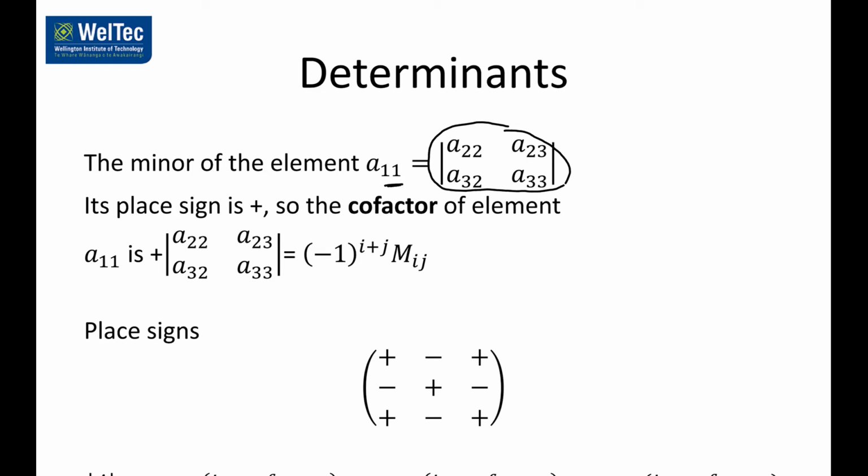Say we've got A equals 2, 3, 5, 4, 1, 6, 1, 4, 0.